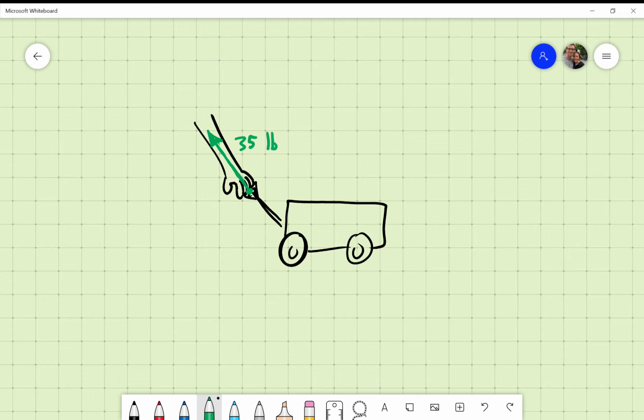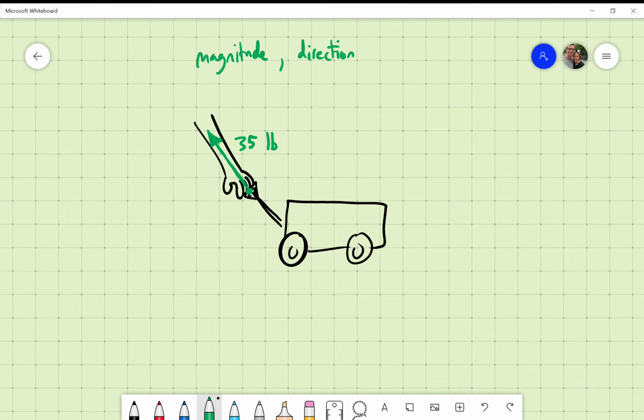But we need to show just what the direction is, because remember, every vector has two critical bits of information, the magnitude and the direction. Magnitude's no problem, it's the 35 pounds, but what is the direction? The other ones were obvious. They were straight vertical, straight horizontal. That was all I needed to show. That was implied, but right now, what is the direction of this force that the cart is experiencing?